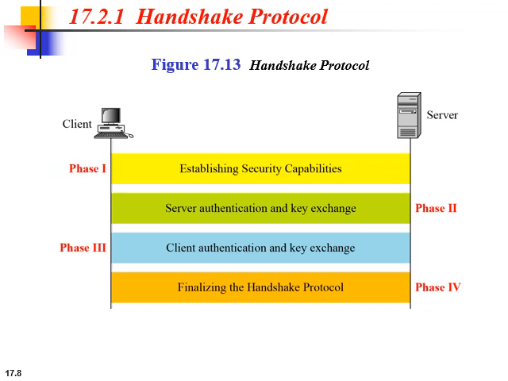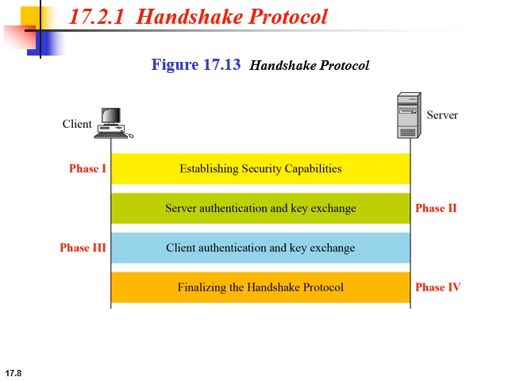Moving on, the handshake protocol is divided into four phases between the client and the server. The first phase is establishing the security capabilities. That is, we need to first establish a connection between the client and the server before we can move on to every other step.